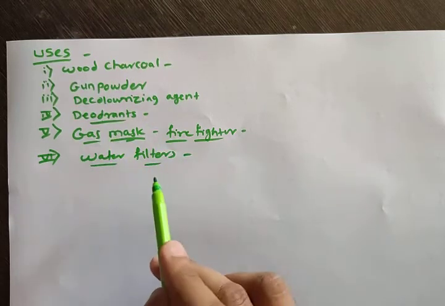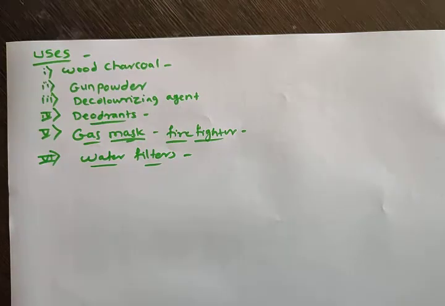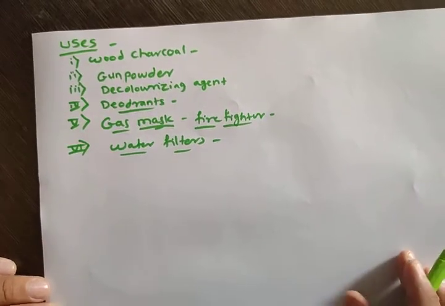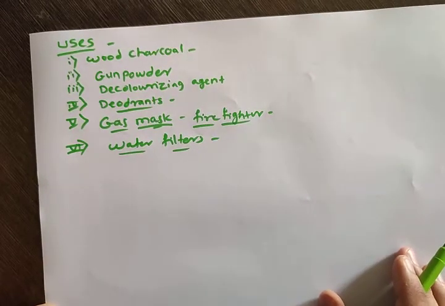It is used for the filtration of water. It absorbs the suspended particles, and whatever odor is in the water is also absorbed by this wood charcoal. Now we will see the activities which show the properties of wood charcoal.